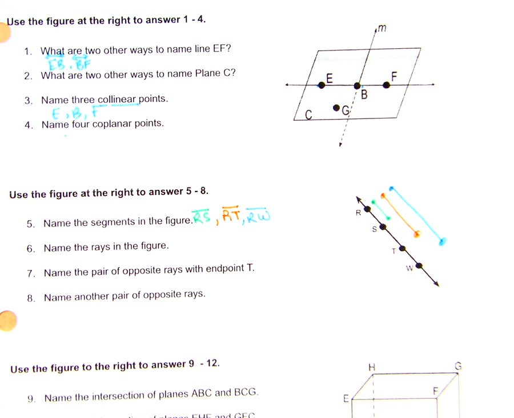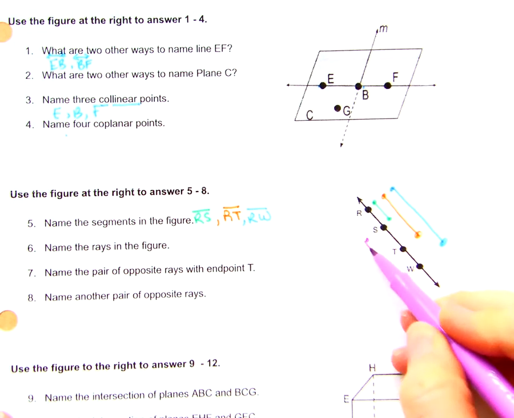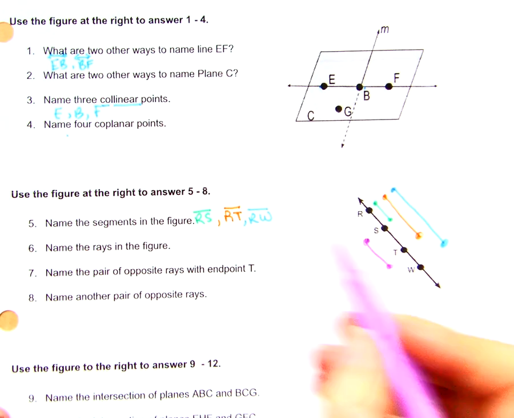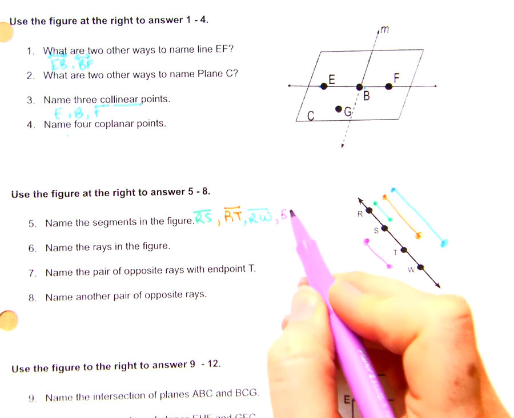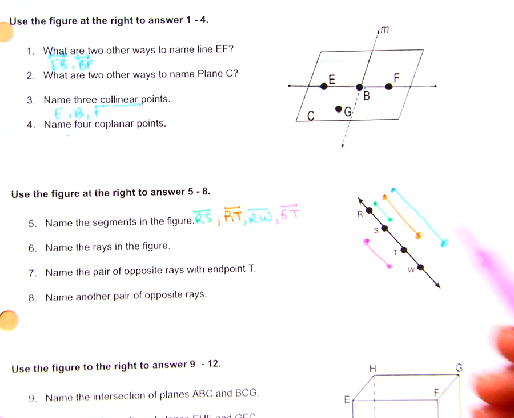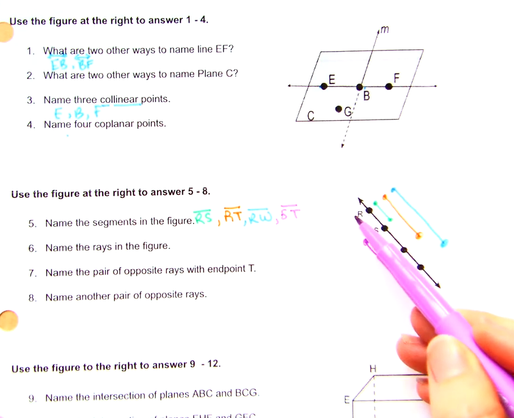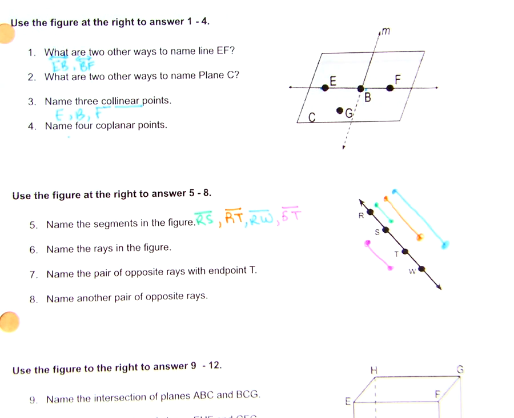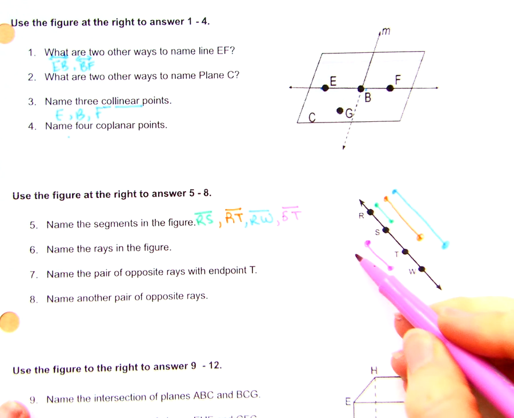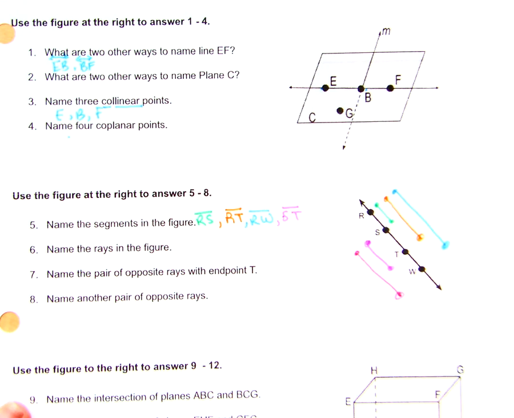Those are all the ones for R, but there are some that have S as the beginning or the end, depending on if you're looking up or down the line. So ST, for example, would be one, but not SR because it's the same as RS, right? And then there's another one, SW.